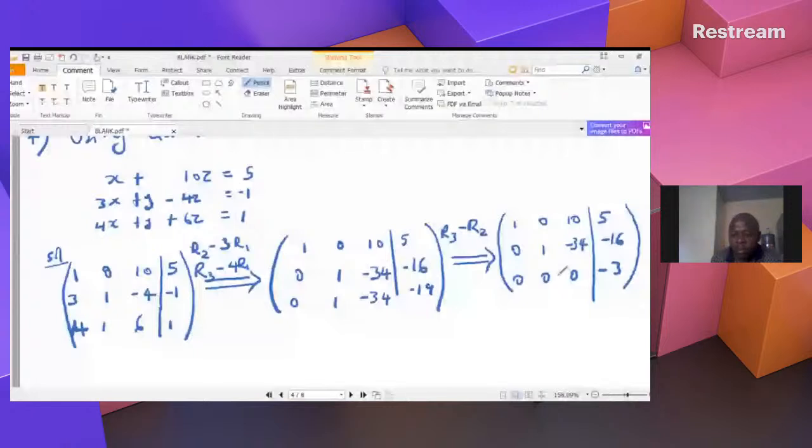What this tells me is that the system of linear equations that we had has no solution.